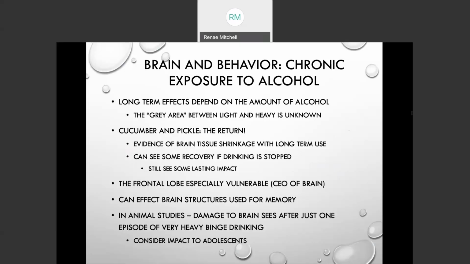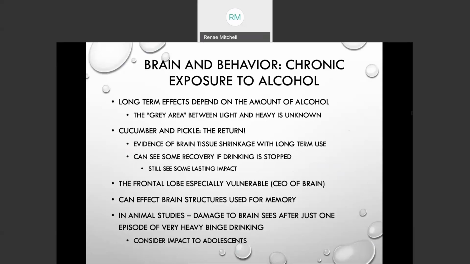So decision making, planning, purposeful goal directed behavior, that's all impacted pretty severely with someone who drinks alcohol chronically. And again, you can see the shrinkage of the frontal lobe with chronic alcohol use. Someone who stops drinking might be able to gain some of that back, but there still is going to be some long lasting damage from chronic alcohol use.